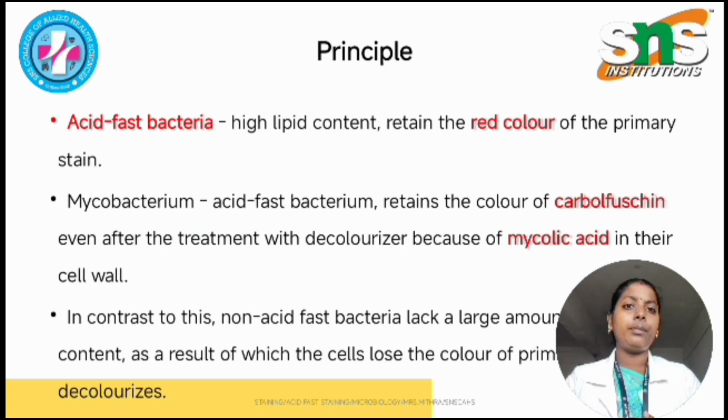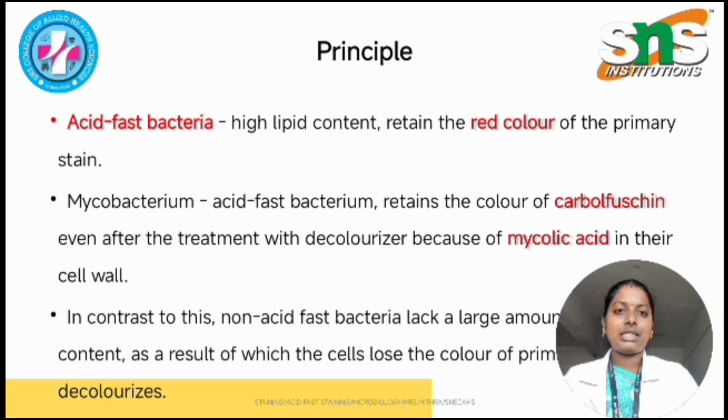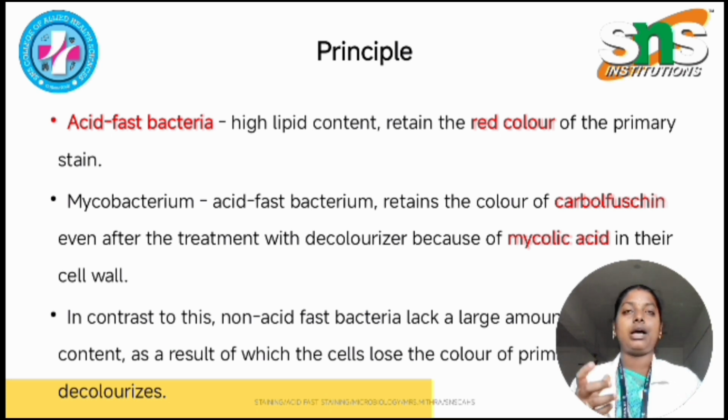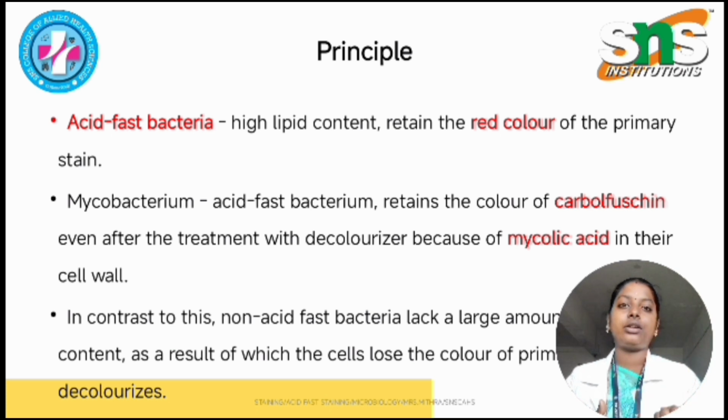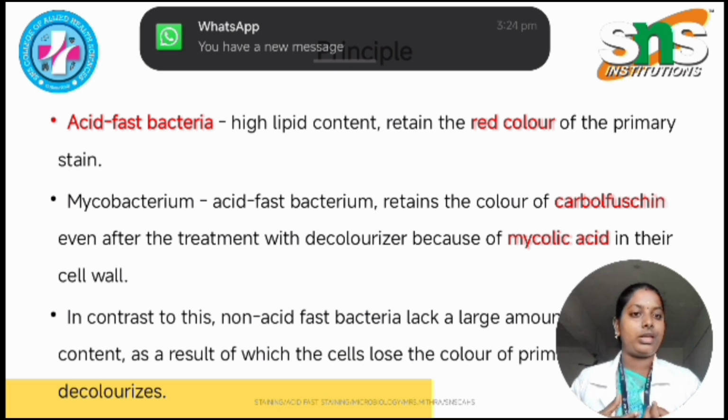So coming to the principle, just note that acid fast bacteria have high lipid content, which is the high mycolic acid content in their cell wall. That high content cell wall retains the red color of the primary stain. The primary stain is nothing but the carbol fuchsin stain, which is red in color.